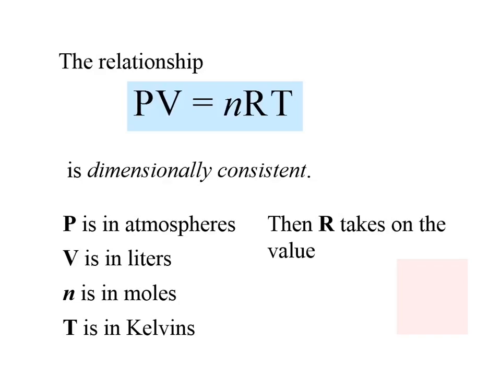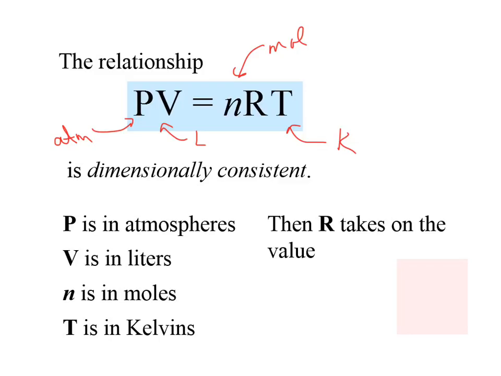Okay, so if we make pressure be in atmospheres, that's the one we're going to go with anyway. Volume is going to be in liters. Number of moles, of course, is in moles. T is going to be in Kelvin.